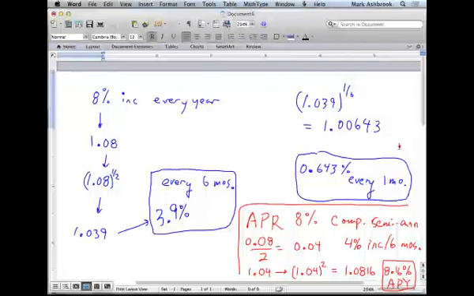So now I want you to do those again for monthly compounding. Okay, so you're going to answer questions 4 and 5 again, but this time for monthly compounding instead of semi-annual or 6-month compounding. And then after that, go on to part C and do 4 and 5 for daily.